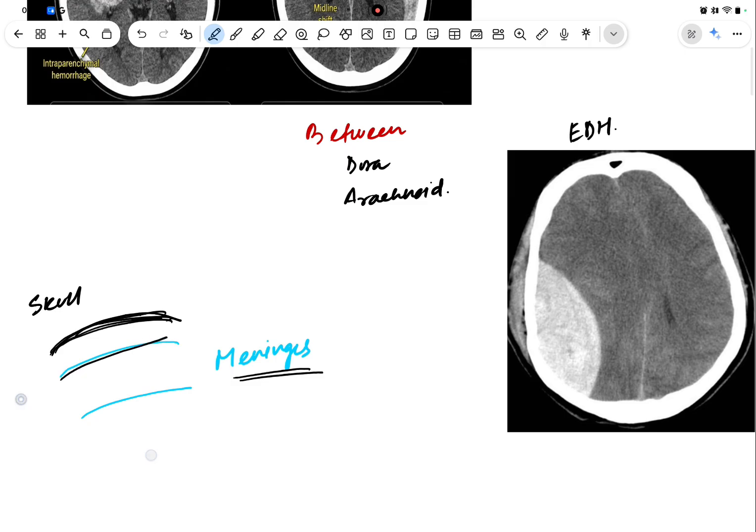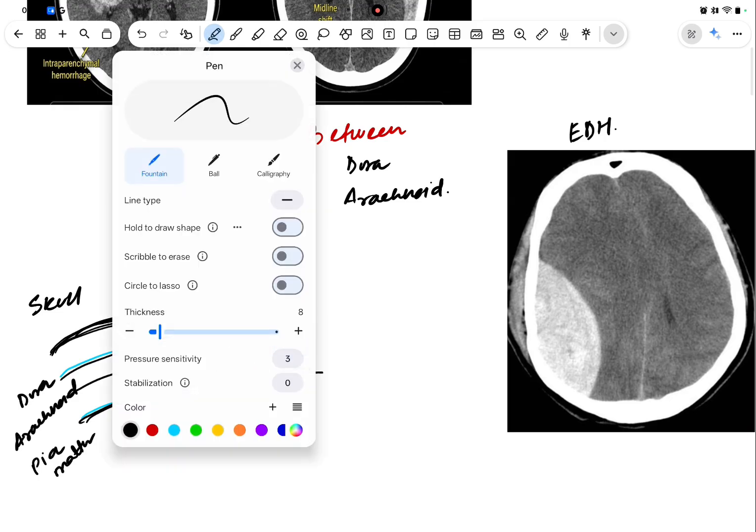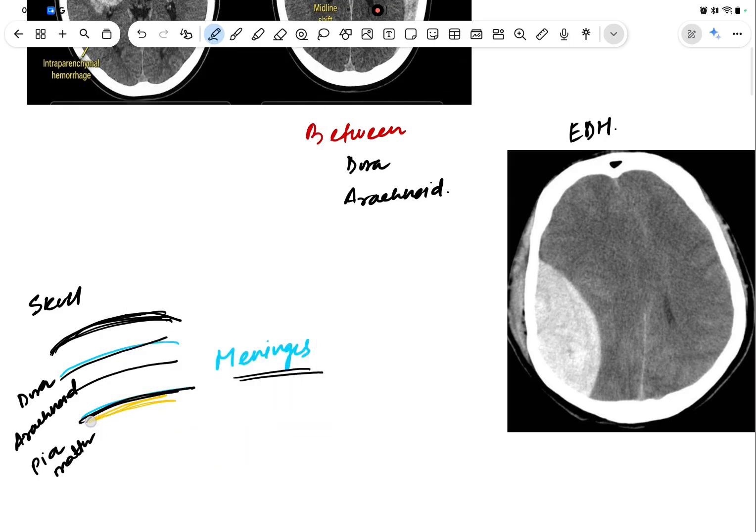One is dura mater, one is arachnoid, the last layer is the pia mater. The brain lies just beneath the pia mater. Just beneath the pia mater, it is the brain parenchyma.